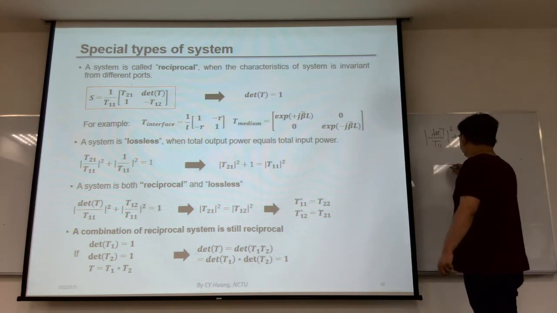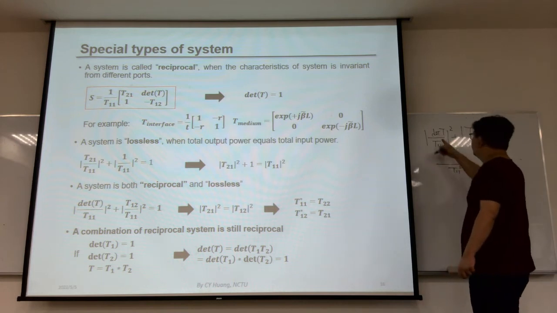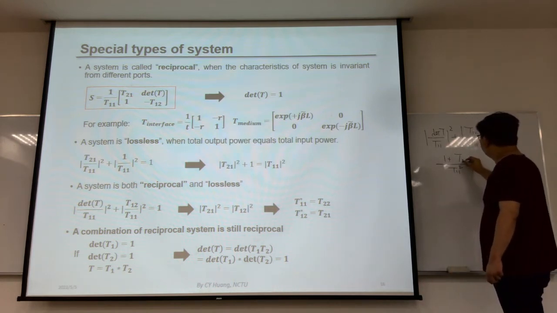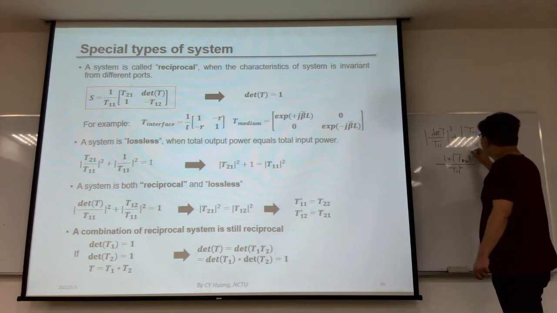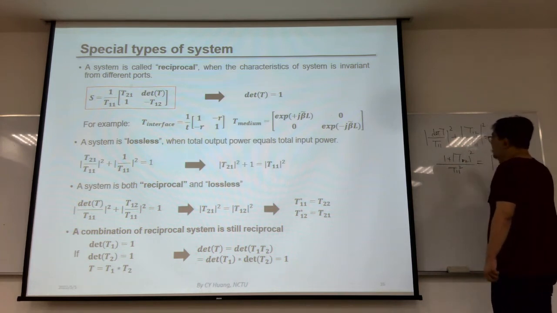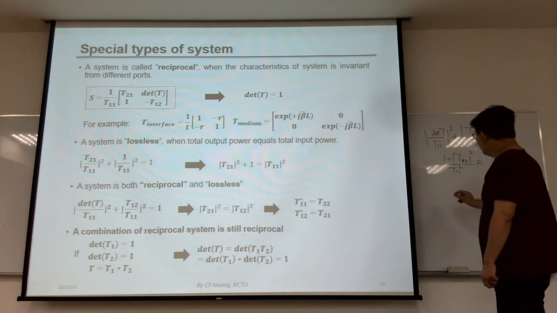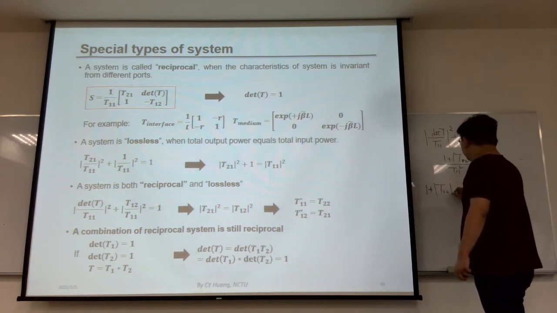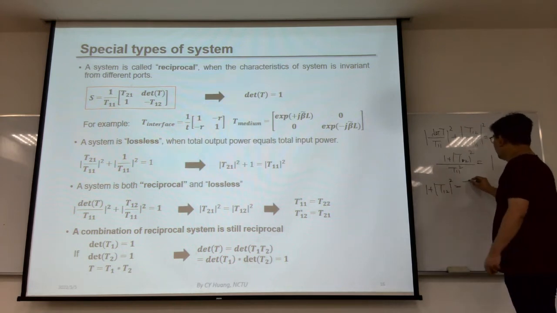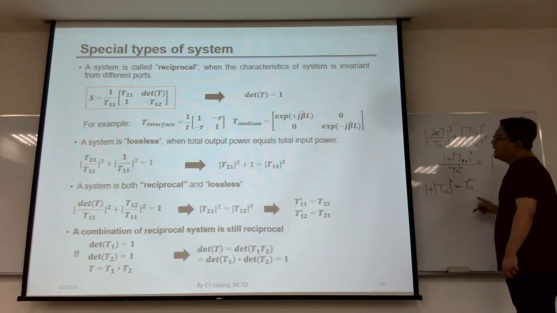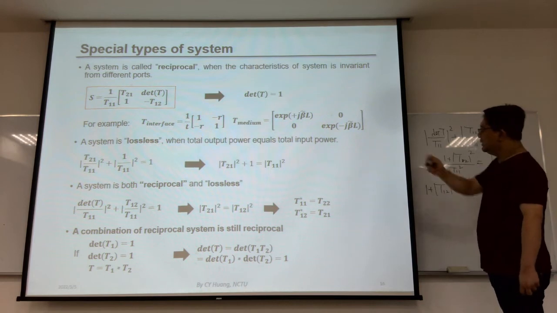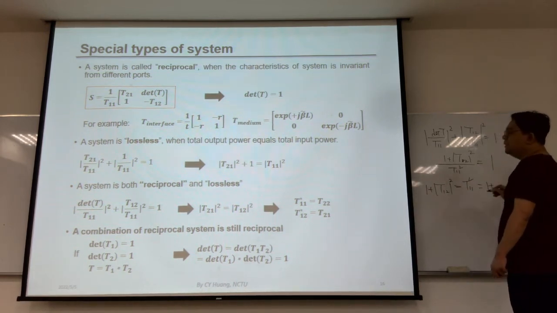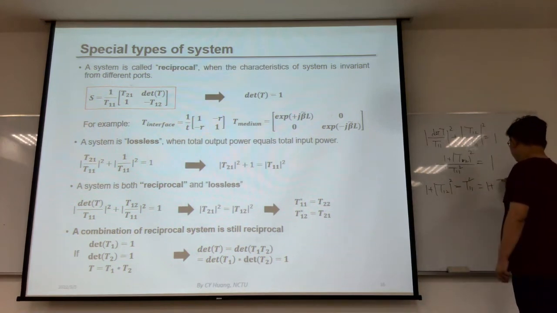So it will be 1 plus T12 squared needs to be T11 squared. Okay, so 1 plus T12 squared should be T11 squared. And since it's simultaneously lossless, it will be 1 plus T21 squared.